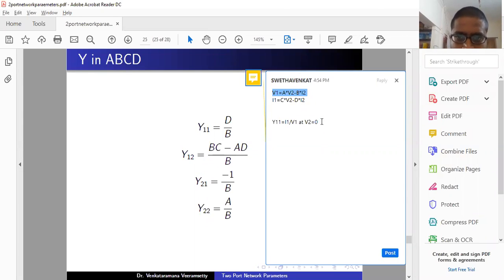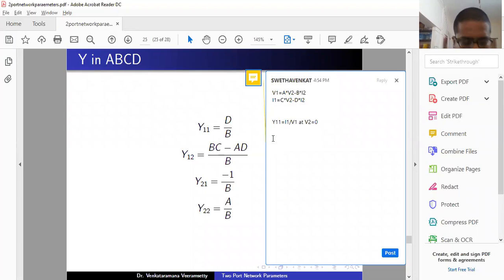Now note down the Y parameter based on its definition, Y11 equal to I1 by V1 at V2 equal to 0. So at V2 equal to 0, replace V2 equal to 0 in both equations.